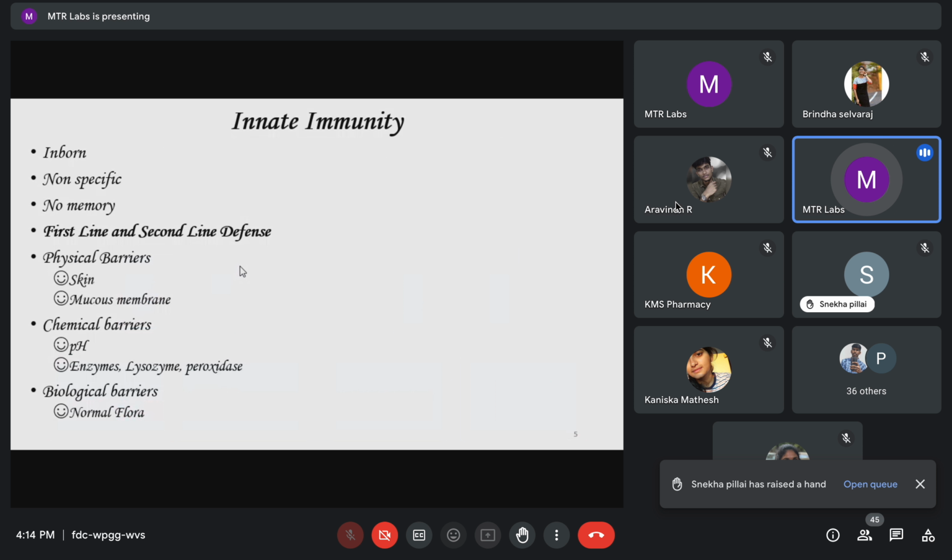So coming to the innate immune system in detail, it is the immunity which we are born with, that is, inborn. When we are born, there is an immunity in the system developed from the fetus, which is said to be innate immunity. But this is not specific to a particular antigen, so it is called non-specific immunity.